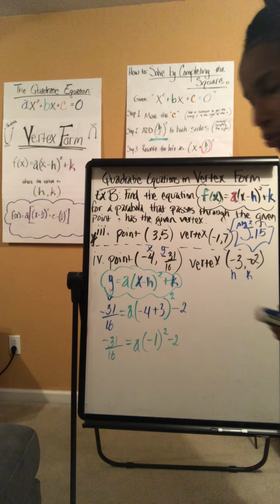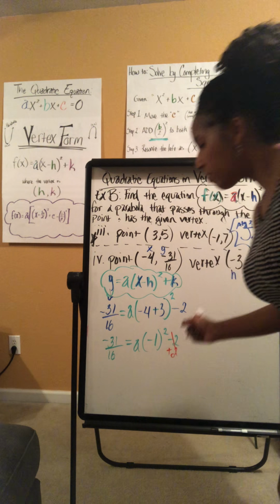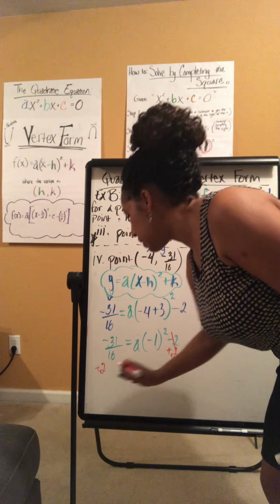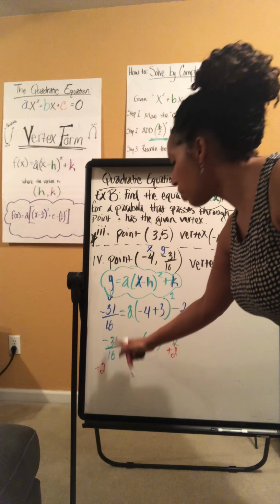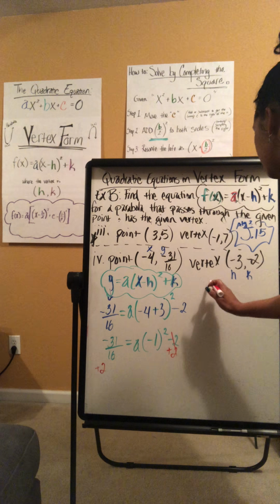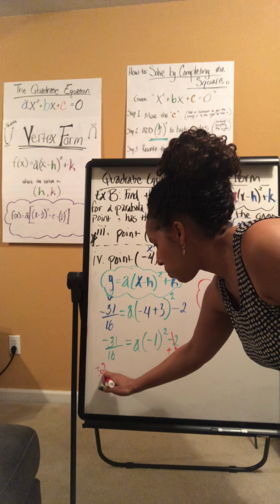I need to add 2 to both sides. Add 2. Hopefully you have a calculator, but if you do not, hold on a second. We'll add 2. If I don't have a calculator, let's think about this. This 2 right now is over 1, right?